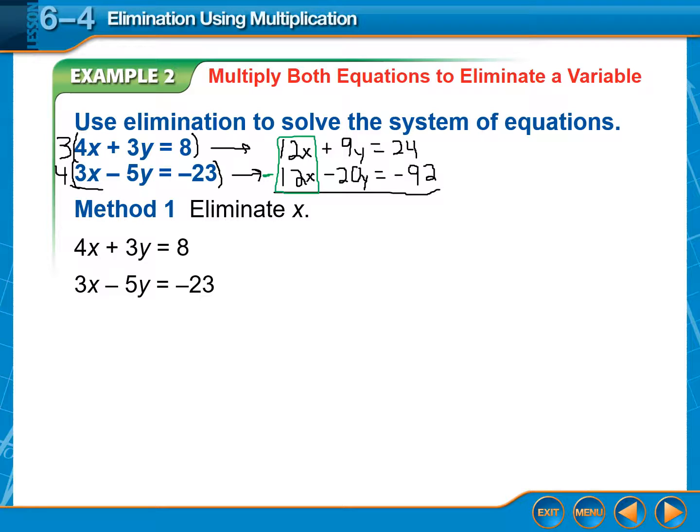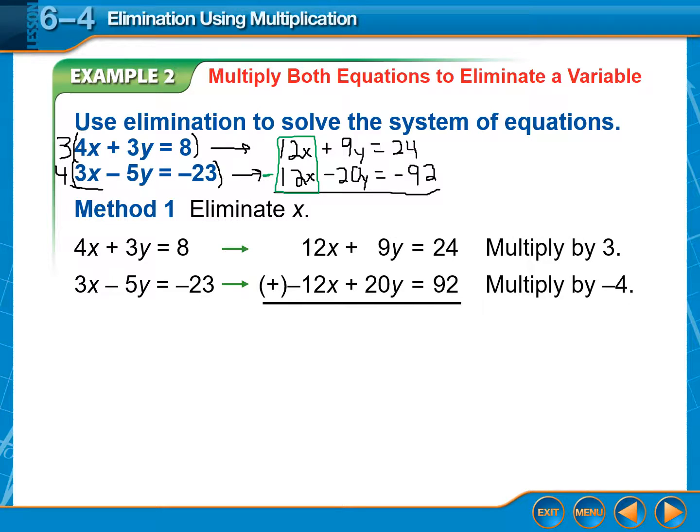So if I do 12x plus 9y equals 24 minus 12x minus 20y equals negative 92, what do I get? Well, 12x minus 12x is 0. If I do 9y minus negative 20y, that would be the same as adding. So I'm actually going to get 9y plus 20y, so that gives me a total of 29y.